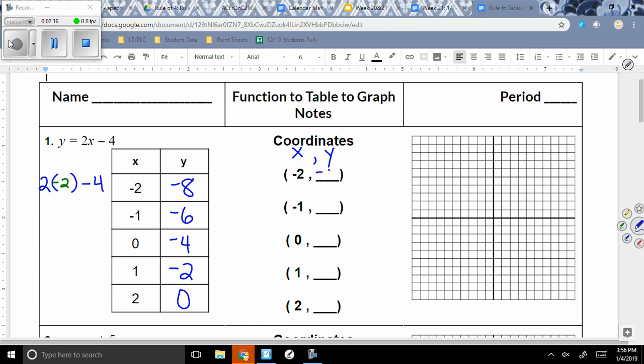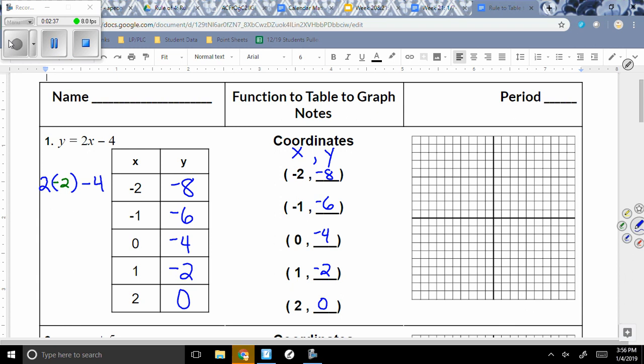So negative 2 should have negative 8 next to it, negative 1, negative 6, 0, negative 4, 1, negative 2, and 2, 0. All I've done is take those values from the table and turn them into coordinates. And now I can go ahead and graph them just like we learned in past grades.